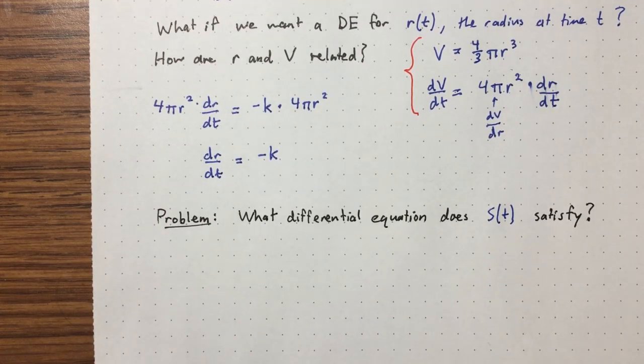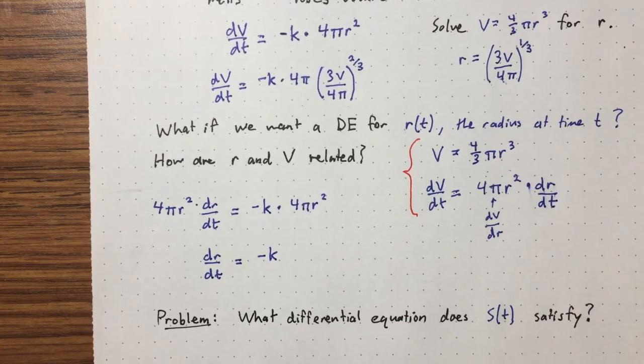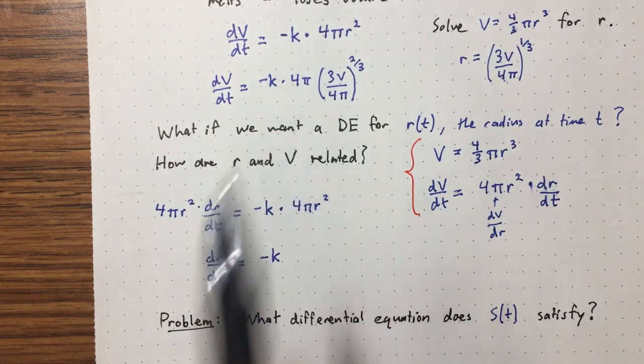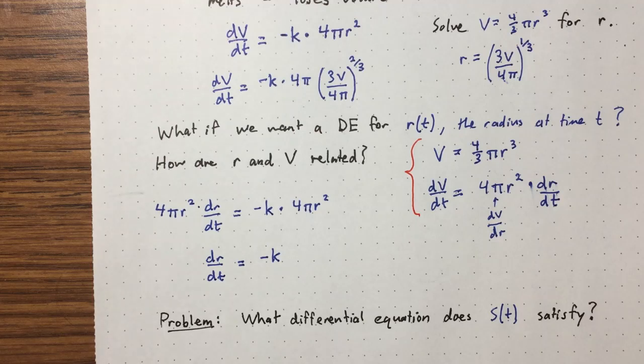You're going to try to relate surface area to, I guess you could choose either the volume or the radius. Write down that relationship, do the implicit differentiation, and then do some algebra to come up with a new differential equation. That new differential equation should look like dS dt equals some expression just involving S, and possibly various constants.